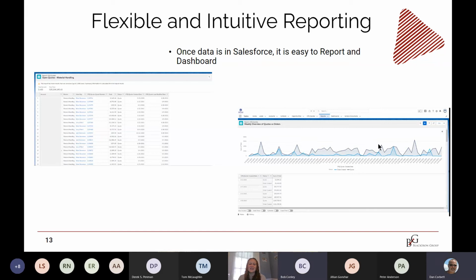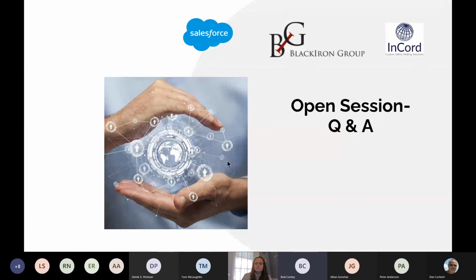So as we get more and more into it, we discover different things that we want to report on. And the reporting capability in this program is incredible. Yeah, that actually sounds about right. I'm looking at it right now. I've created quite a few recently. Mm-hmm. There you go.